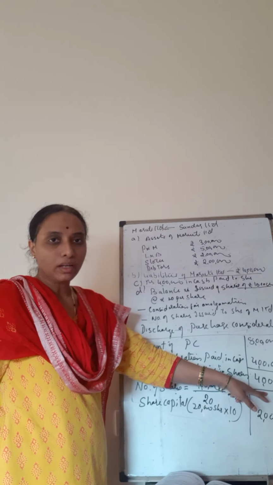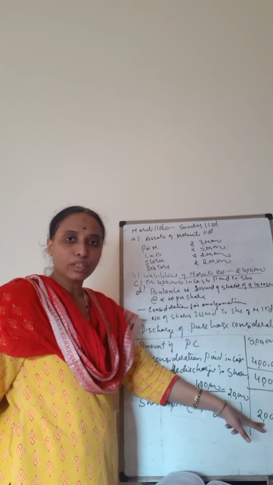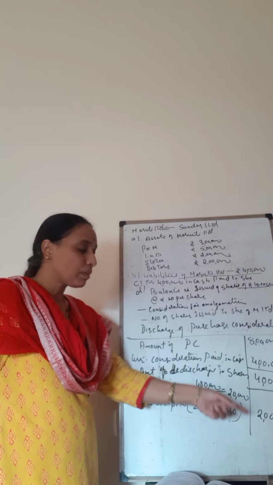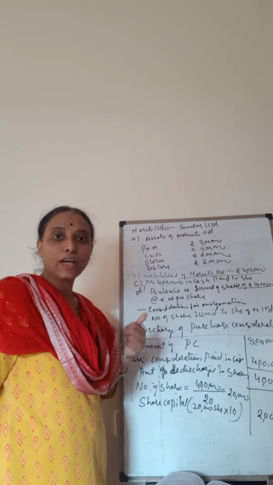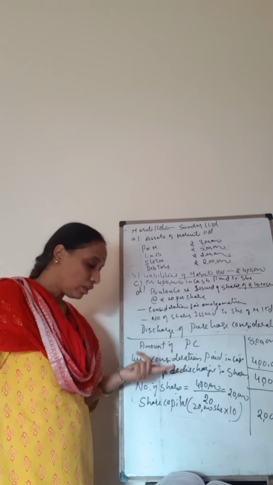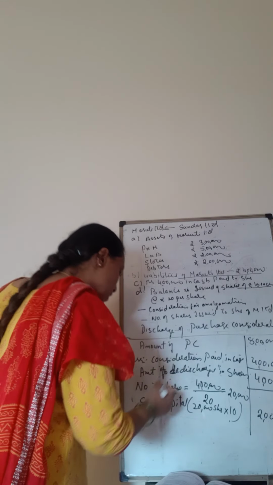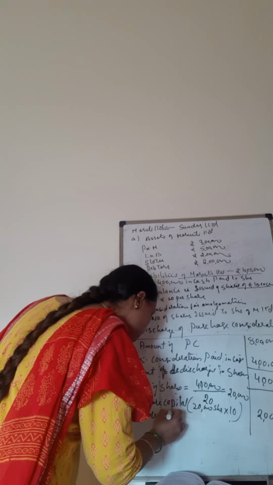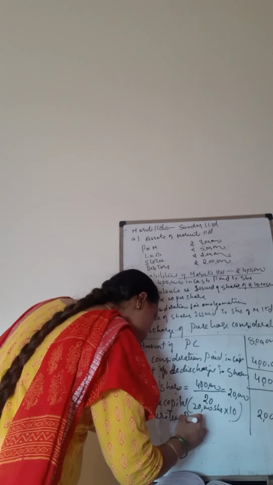Still 4 lakh. So out of 4 lakh, 2 lakh is given in the form of share capital. The remaining amount is 4 lakh minus 2 lakh, which is 2 lakh. They have not given any other information, so it should be assumed to be paid in the form of securities premium.